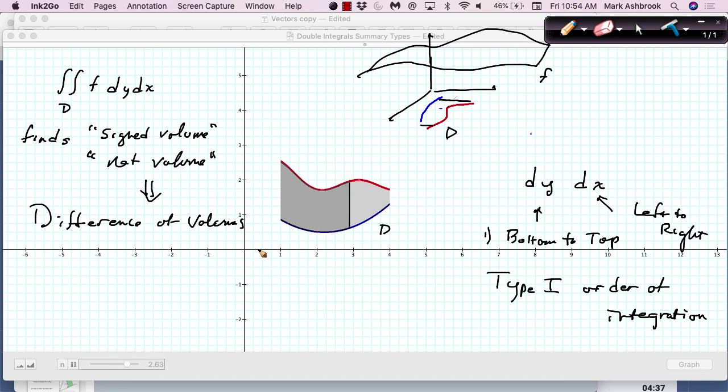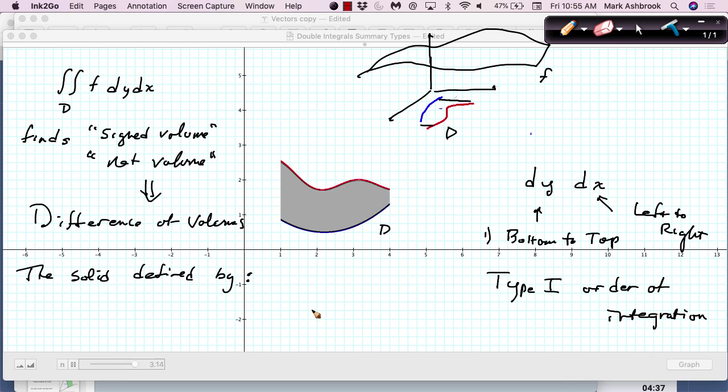Okay, and so what defines these solids? So exactly how is the solid defined? The region and the z values. Okay, so like what? So up and down.